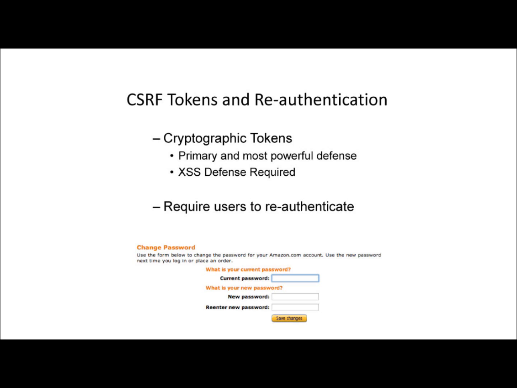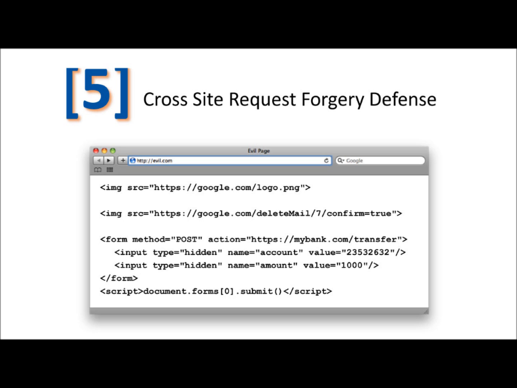And every time someone submits a form back to our server, we verify that the token in the form is equal to the token in the server, and now we know that's the correct user. And that way attacks that are hosted on an evil website, they have no idea what your token value is, and it makes it so those forms will no longer work on an evil website.